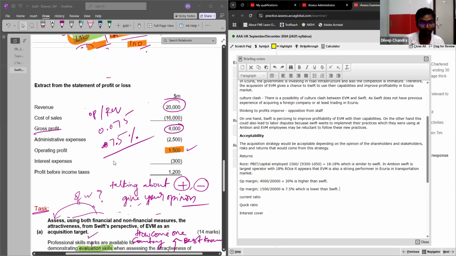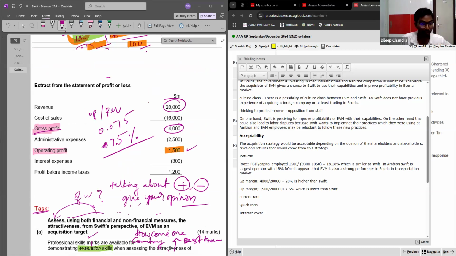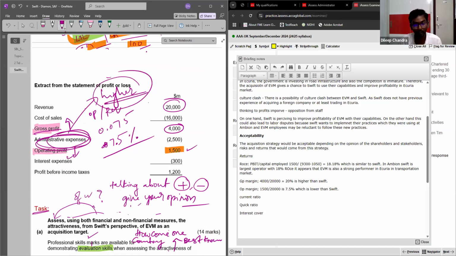What has impacted this? Administrative expenses. Maybe they have higher admin costs. Because of this, the operating profit margin has reduced.